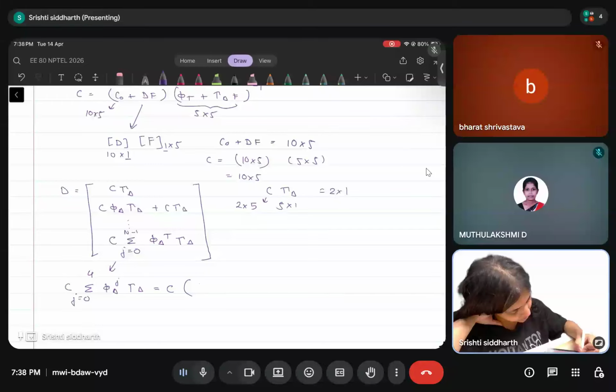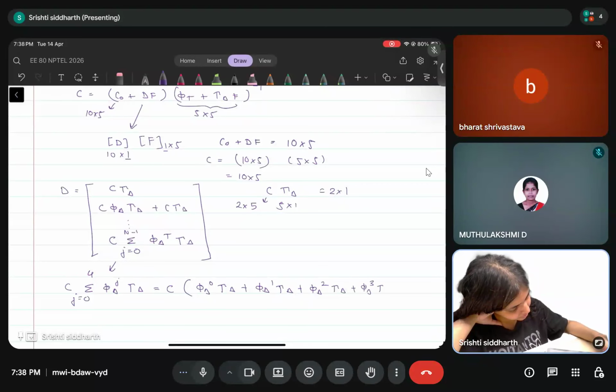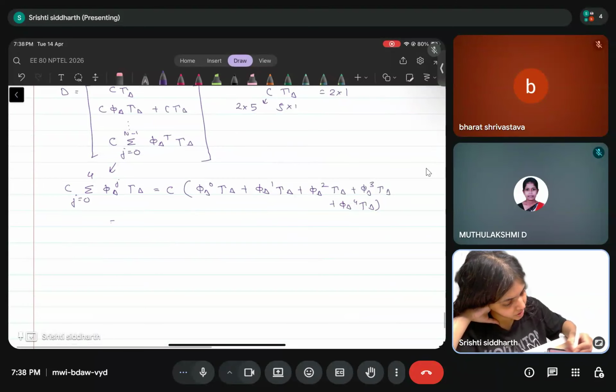See, this is phi delta to the power 0 gamma delta. This is C gamma delta, C phi delta gamma delta.